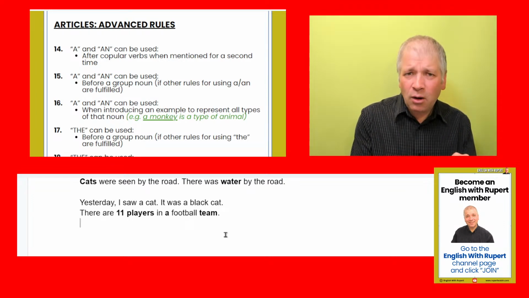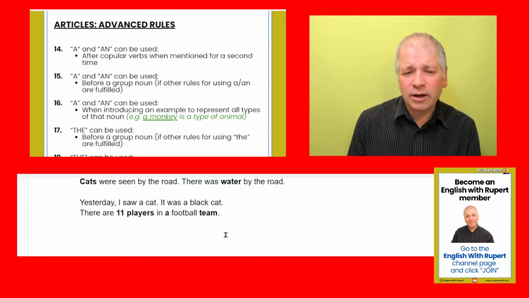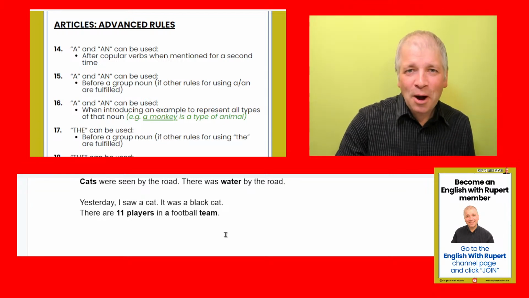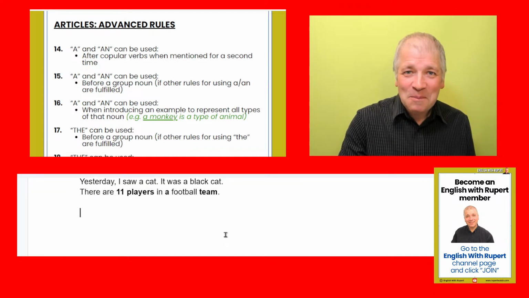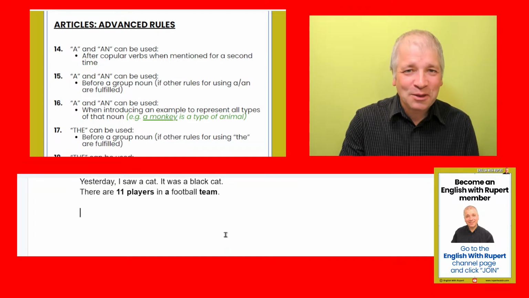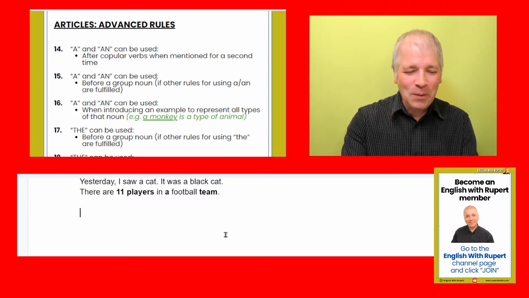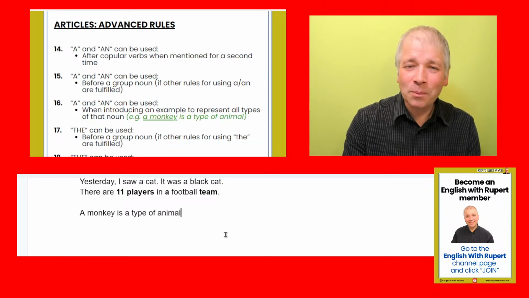We're focusing on animal. And we're presenting monkey as a type of that animal. Now, this is one of the parts of English grammar that's nicer, because with this kind of meaning, you can't really go wrong. Because it's okay to say a monkey is a type of animal. That's fine.